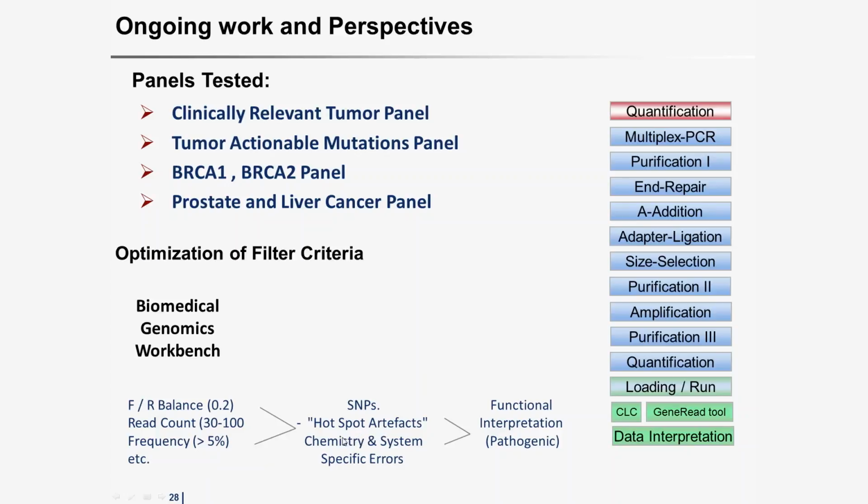I call them like this, and these are artifacts which are chemistry or system-specific errors. They are occurring in nearly all of the samples with the same low frequency, and so you have to define this. And then you have to do the functional interpretation of whether the variant is pathogenic or not. And all these steps lead you to come, for example, from 100 variants to one certain and relevant variant in your sample.